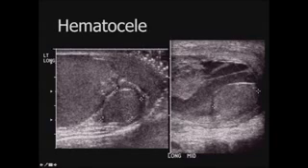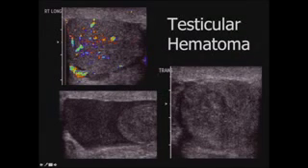As it ages, like blood elsewhere in the body, you'll get some breakdown and separation of blood products into blood fluid levels, as well as septations internally. If there's been more damage to the testicle itself, you may see heterogeneous parenchyma, in this case of an intratesticular hematoma. And really our goal here is to make sure that it's still perfused and to see if the tunica is intact.